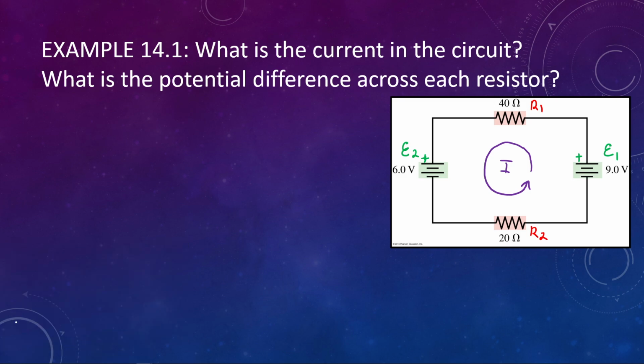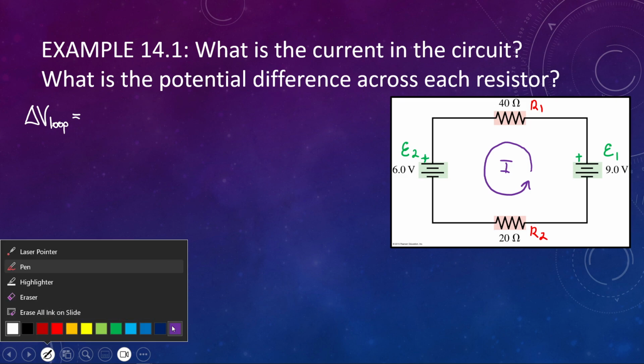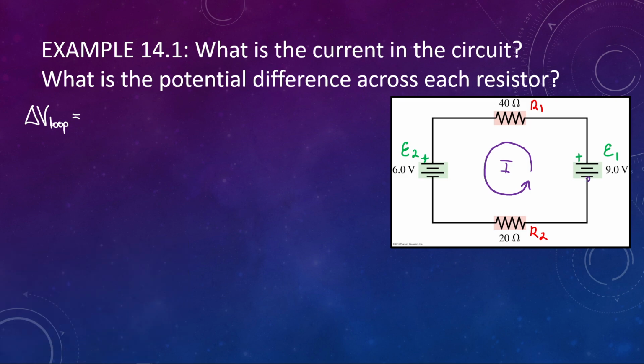Okay. Well, at this point, we set up our loop law equation. Remember that the total potential difference around a loop has to equal 0. You don't have to, but you should always start at the negative terminal of your strongest battery. In this case, that's the negative terminal of epsilon 1, as I've labeled it.